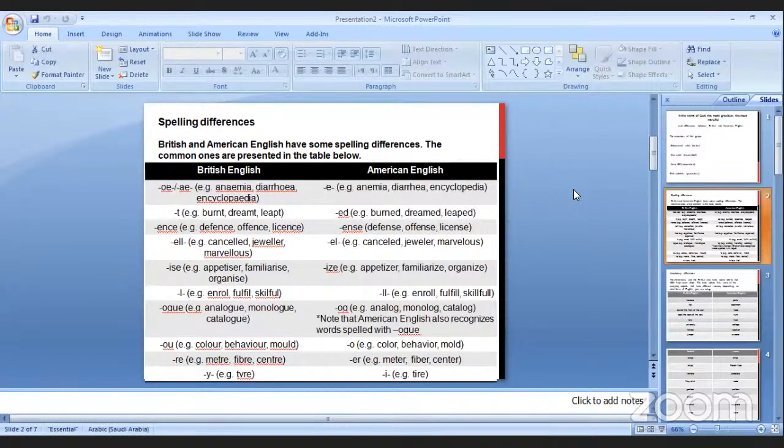Familiarize, and beginners. IZE. Appetizer, familiarize, organizer.